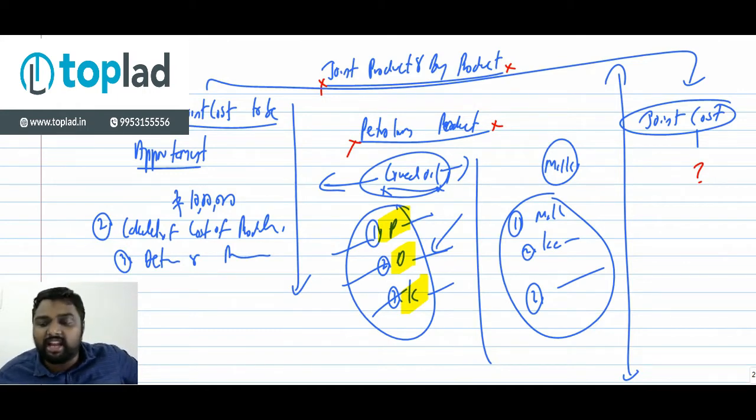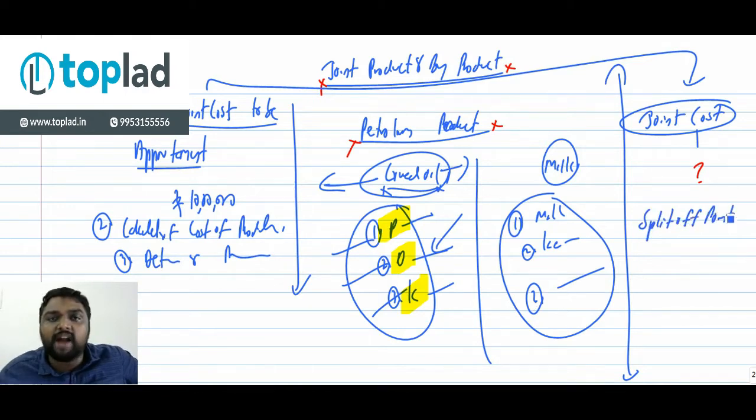We call this level the split off point. The level at which the products get their individual identity is the split off point. All the cost up to this point is called joint cost. This will be common.